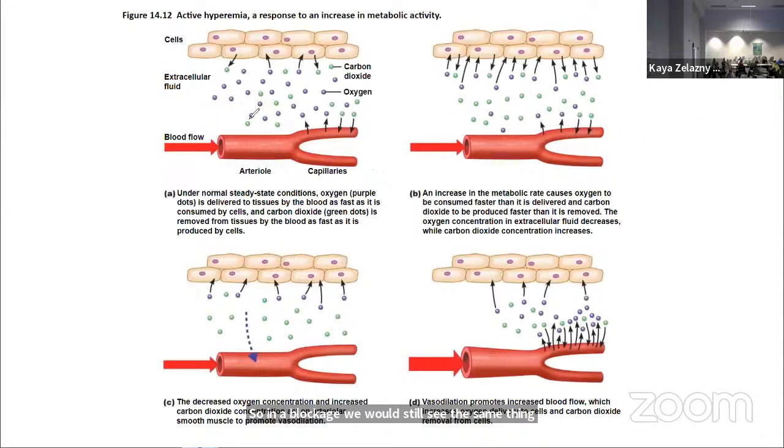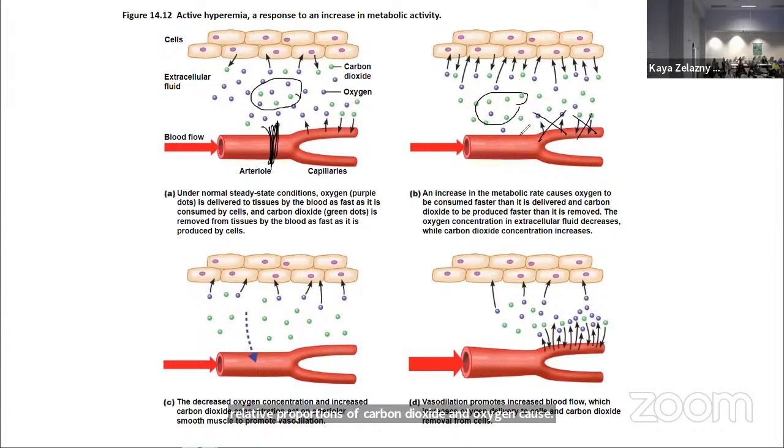So if we say here between images A and B, we cut this off, so we clamped it off, no blood flow would now mean we wouldn't really get any oxygen or remove any carbon dioxide. So we would see that same change happening in our relative proportions of carbon dioxide and oxygen, because the tissue is still doing stuff.